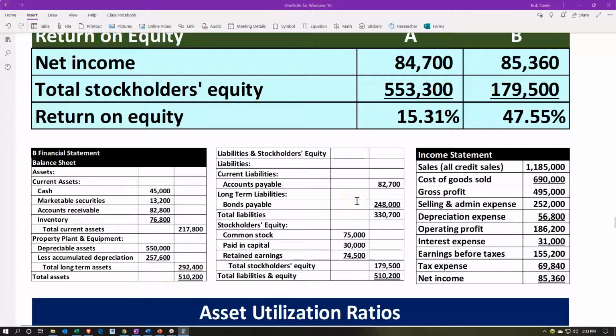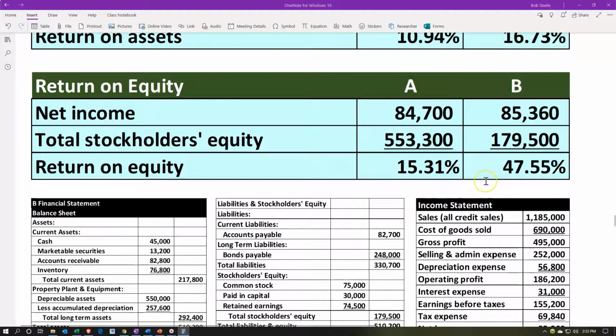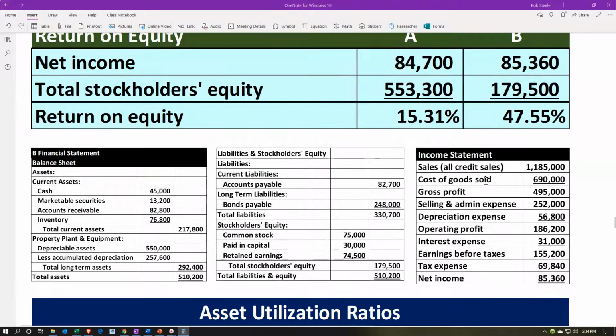So one way to have the same amount of assets while decreasing equity is to be more leveraged, meaning have more debt involved. So you want to consider the debt levels when you're thinking about this calculation as well, to see how leveraged they are, how much debt they have as compared to their assets, which we'll take a look at later, which could have an impact on this calculation.